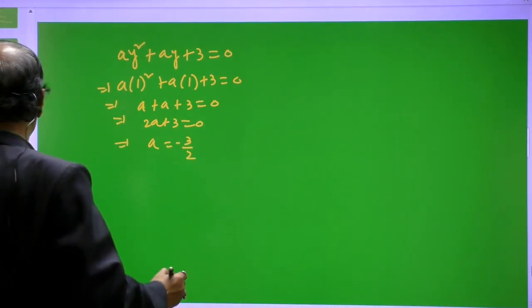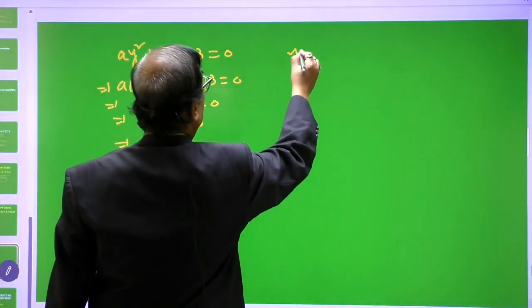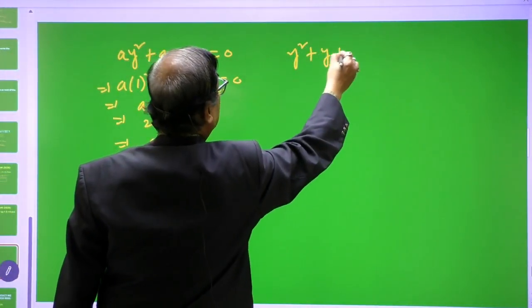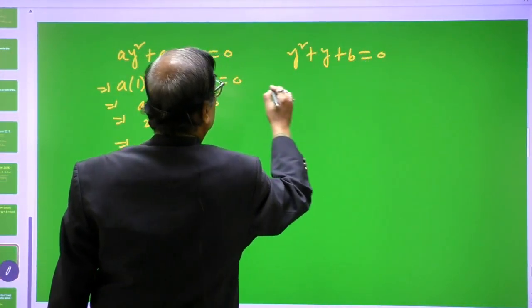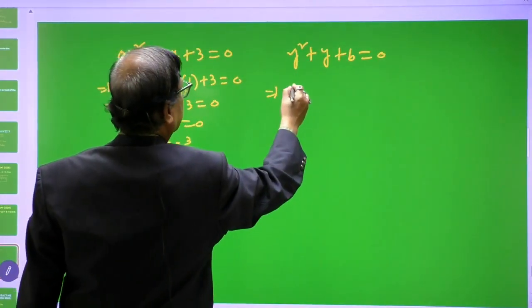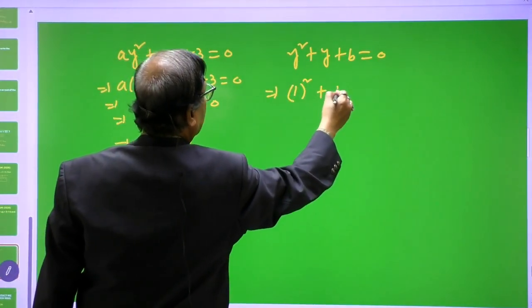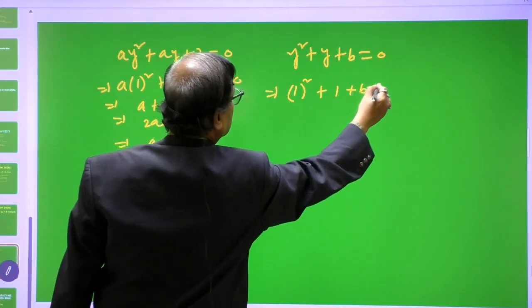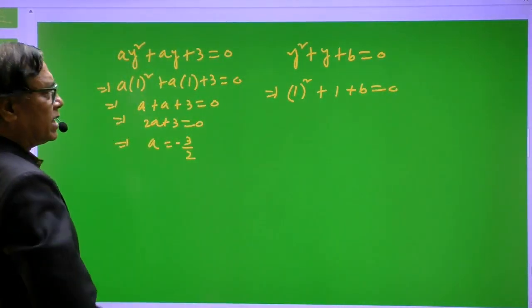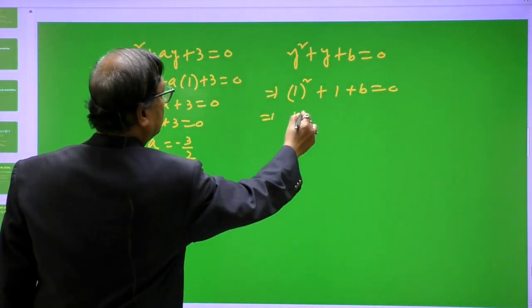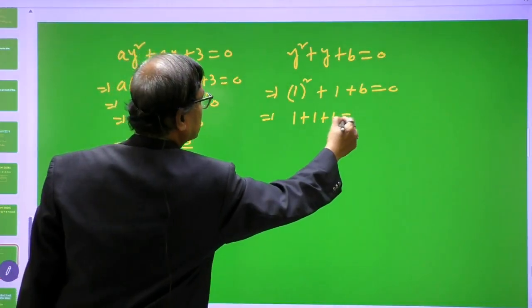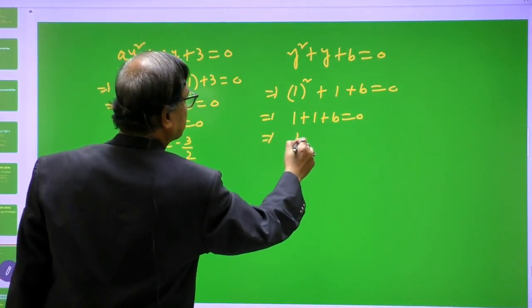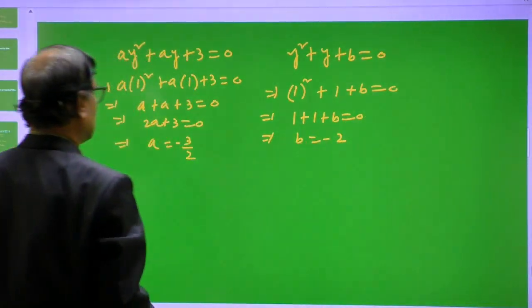Again, 1 is the root of the second equation, y square plus y plus b equals to 0. So y equals to 1: if we put, 1 square plus 1 plus b equals to 0. So 1 plus 1 plus b equals to 0. That implies b equal to minus 2.